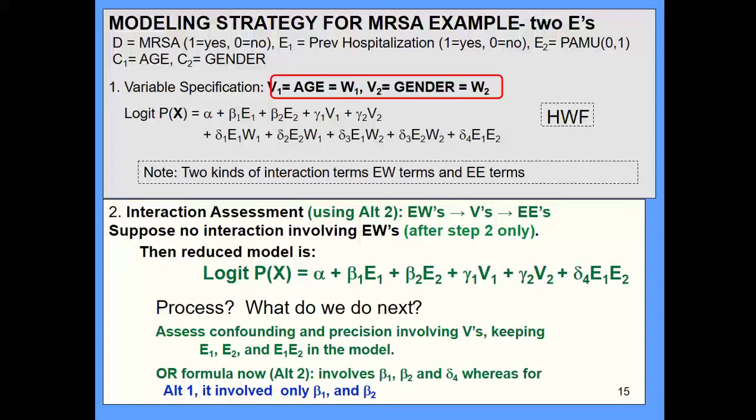The odds ratio formula involves not only this coefficient and this coefficient, but it also involves this one, which I should have called delta 5, but it's still there, it's delta 4, okay? Because the odds ratio involves E's, in how you compute the odds ratio.